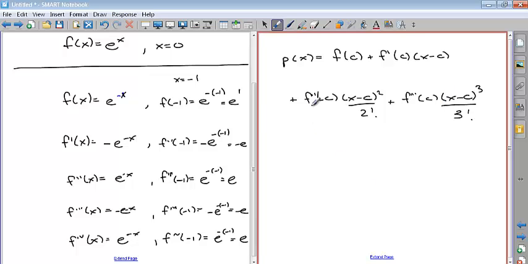Okay, so finally you go back here and you find your value of the function. f of c, which is negative 1, is e to the first power.